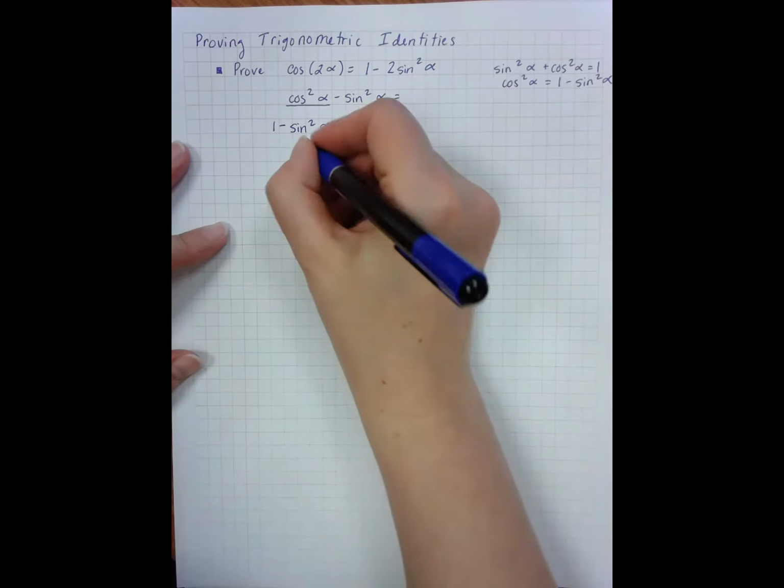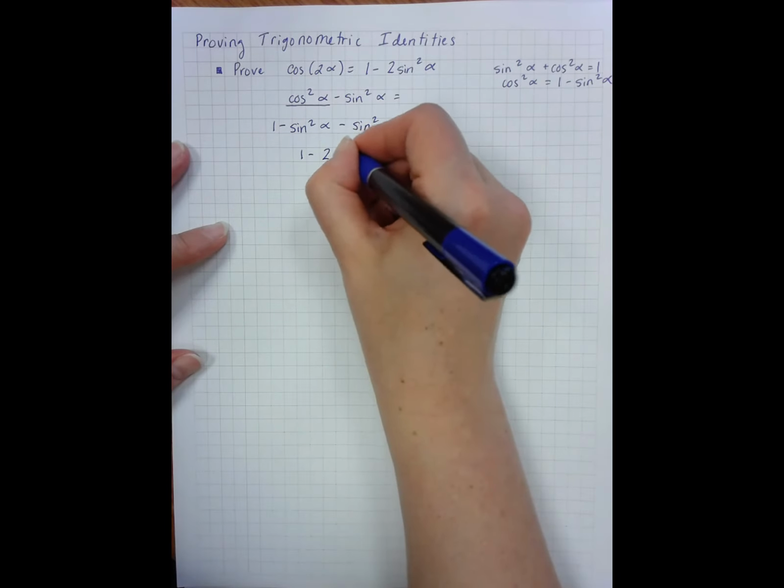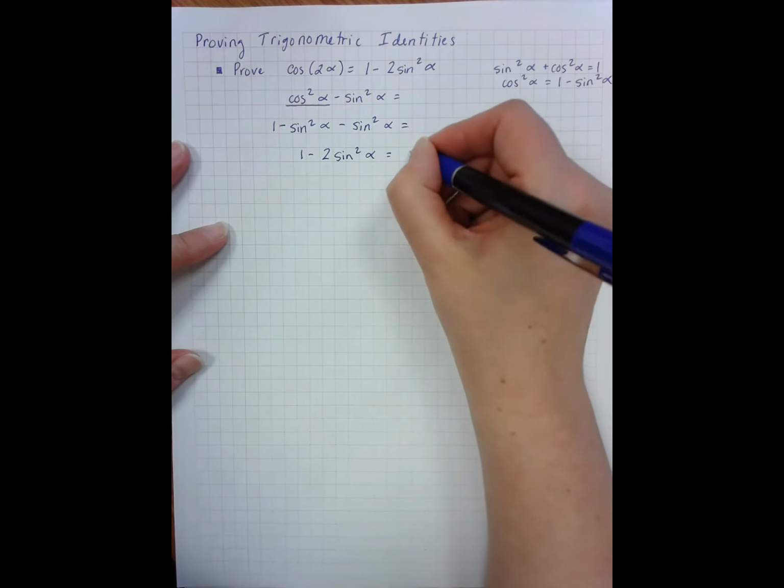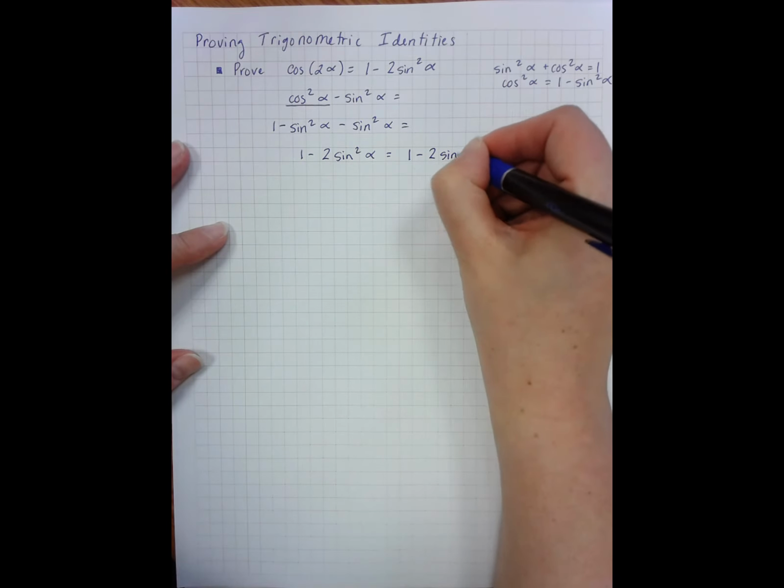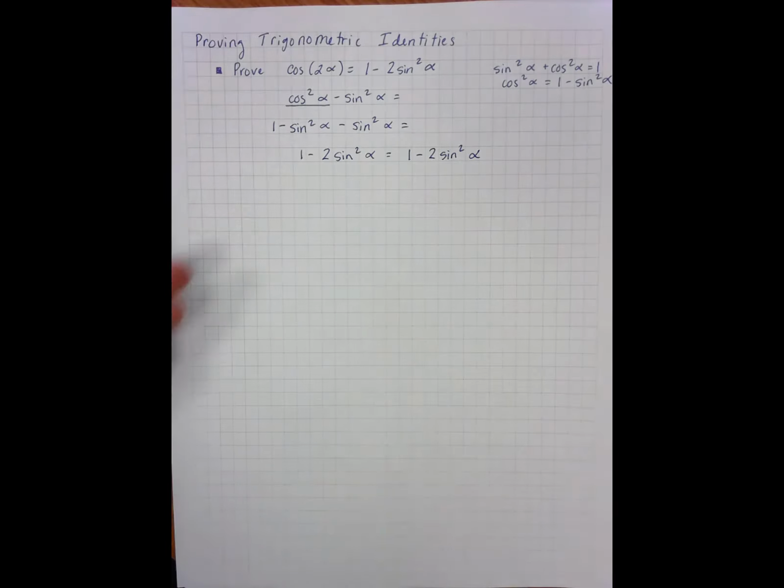And lo and behold, I now have 2 sine squared alpha. Now, I happen to work all of this out on the left-hand side. You could have also done some simplifying on the right-hand side, but again, you'll notice that I didn't do the same thing to both sides. At no point in time did I add something to both sides or multiply something on both sides. They are 2 separate entities that I'm trying to get to look the same.